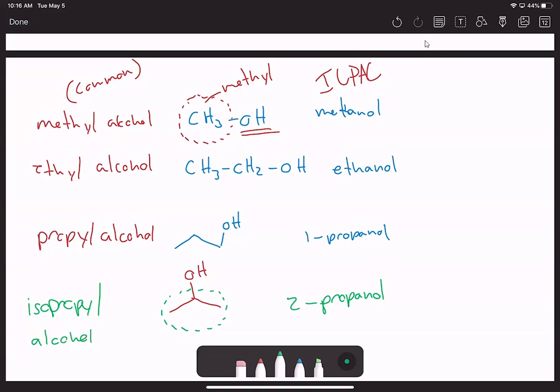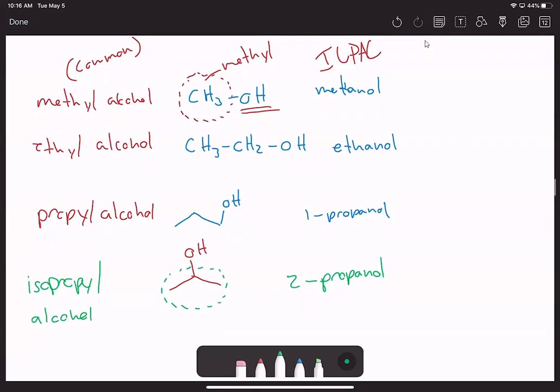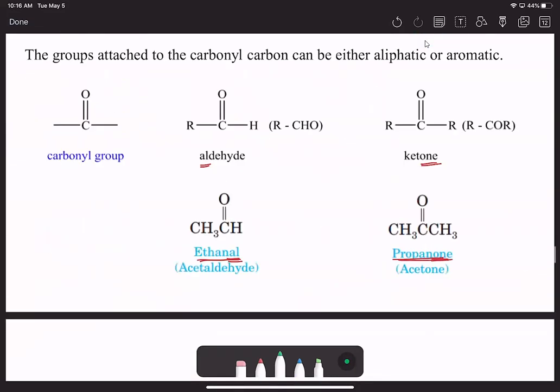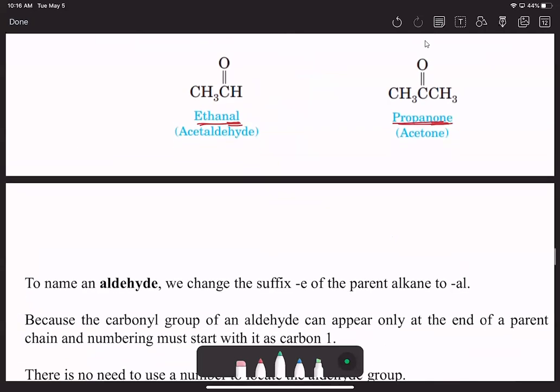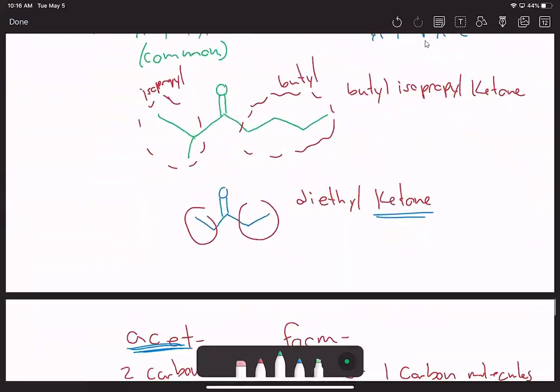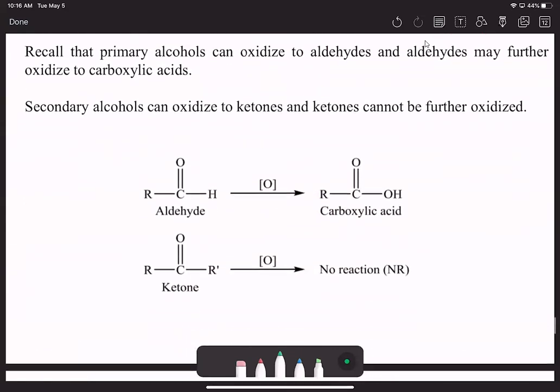So common ways to name some of these groups, and then our IUPAC way that we know how to name those. And I think that we're just about done. I think we have a couple more reactions to go over.